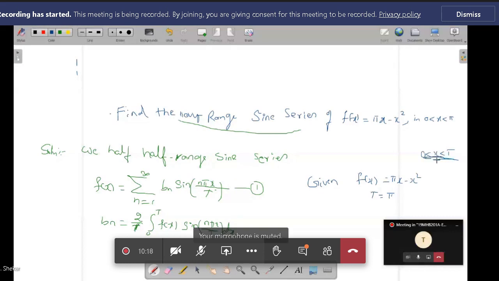So with this interval we are defining the Fourier series, I mean half-range Fourier series. So in this series, this is 0 less than x less than t. It is defined. Okay, now with t as pi, f of x given, we need to find bn.